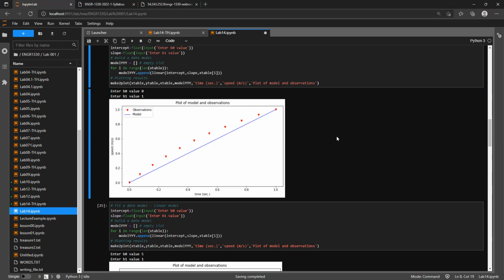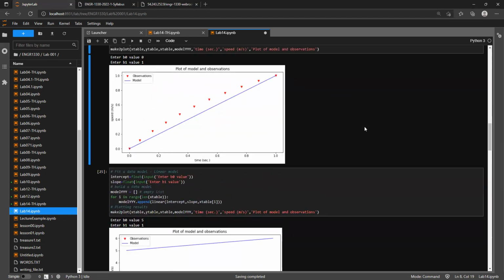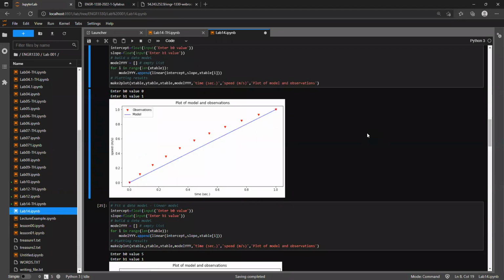So here's the question. Is this a good fit? Are we satisfied? No, it needs to split the data. Okay. It still misses most points. Okay. Well, what if I were to tell you this?